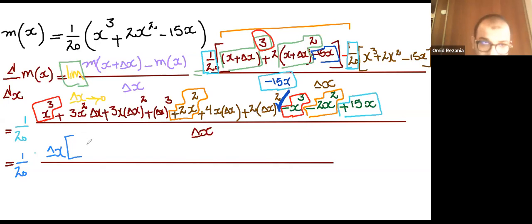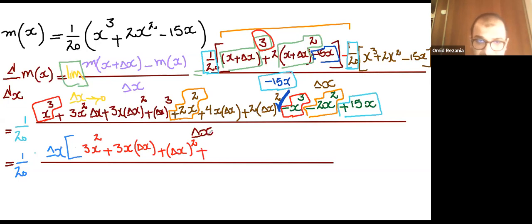The first term which is left is going to be what? Then it's going to be 3x squared, because delta x is factored out outside. Then I have plus 3x delta x, because 1 delta x is factored outside. Then I have plus delta x to the power 2, because one of them is factored outside. This term is gone.